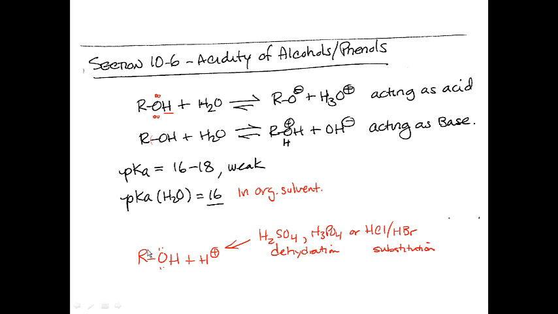Now I want to talk about how we deprotonate alcohols to form alkoxides. In order to do that, we simply react the alcohol with a base that's strong enough to deprotonate the alcohol to make the alkoxide. And you might say, why do I want to make alkoxides?